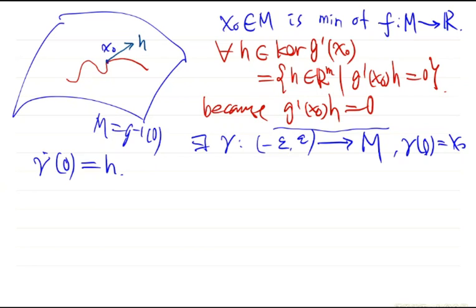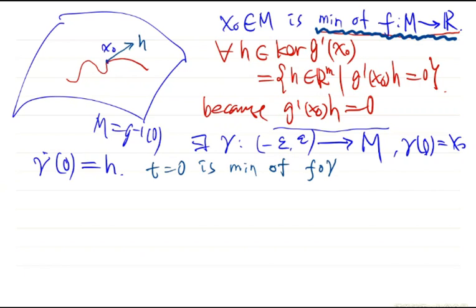But x0 is the minimizer of f considered as a function defined on M. Therefore, t equal to 0 is a minimizer of the composed function f composed with gamma.